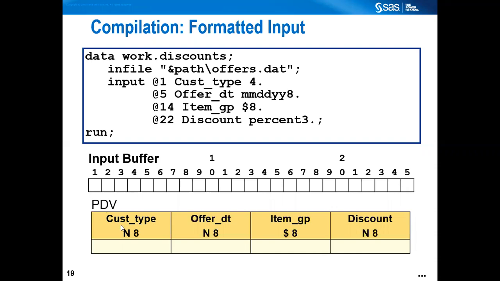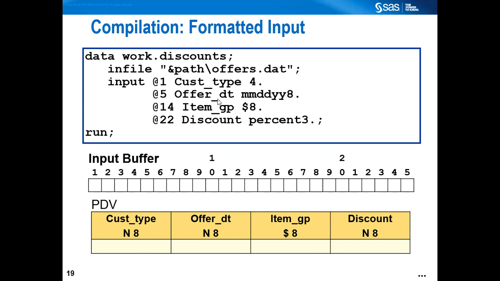And how is this PDV created? Because of your input instruction. Customer type is the name, its type is numeric, its width is 4. Accordingly, the column is created. Then offer date is the column in the input statement, with MMDDYY 8 dot as its format.